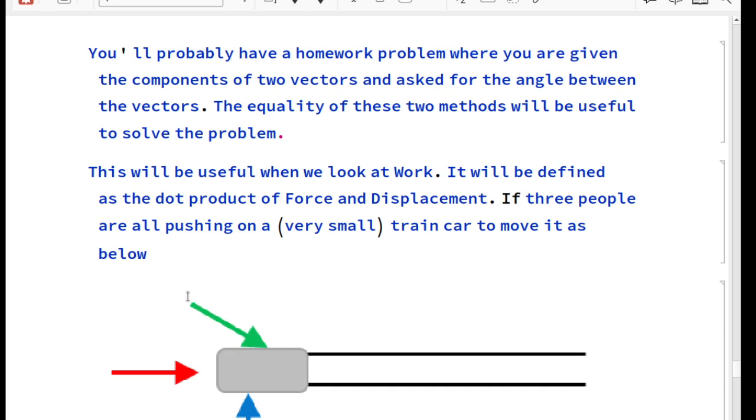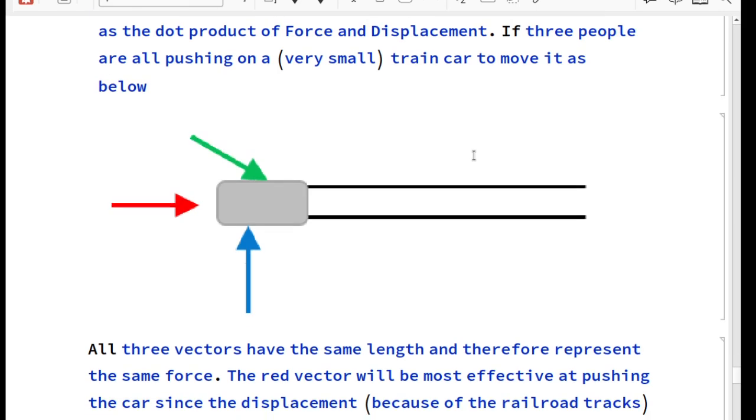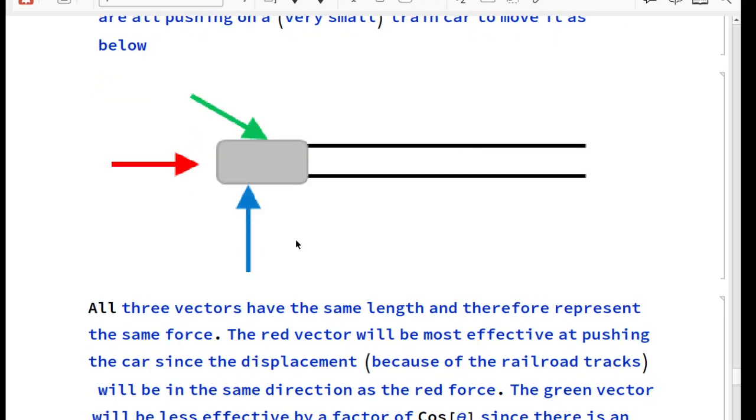When we look at work, this will be useful. This is going to be defined as the dot product of force and displacement. If we have 3 people pushing on a train car to move it, what we notice, these 3 vectors all have the same length, so they're the same force. The red vector is going to do the best job of moving the train down the track.